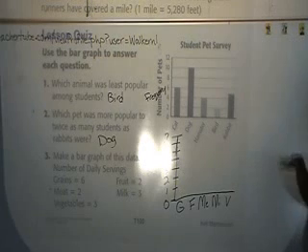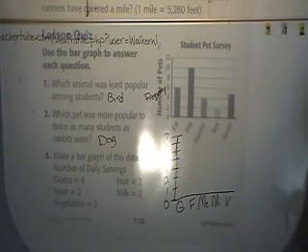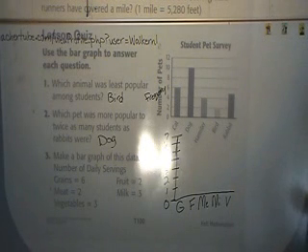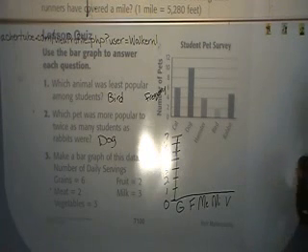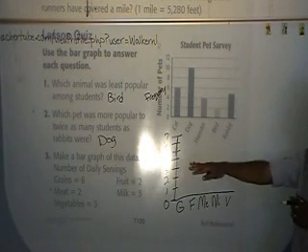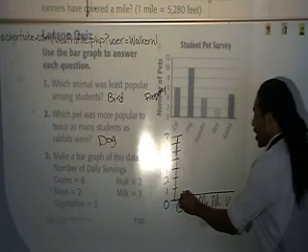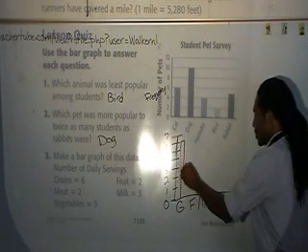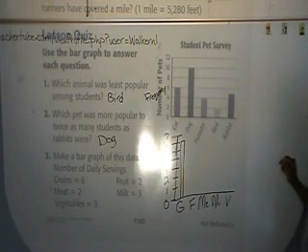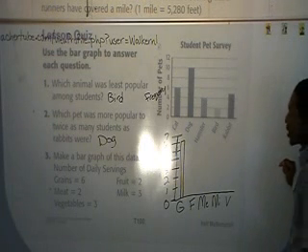And I just topped it off at 7 since I had a little bit of room left. Okay? And then to finish it out, you just draw a bar to represent each one. Grains, we had 6. Fruit, we had 2.